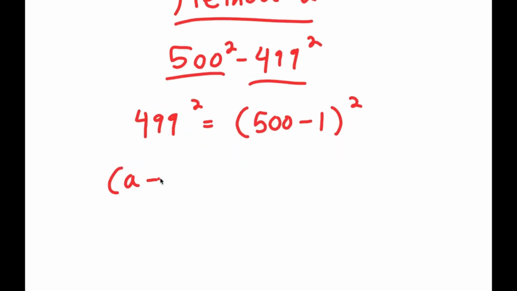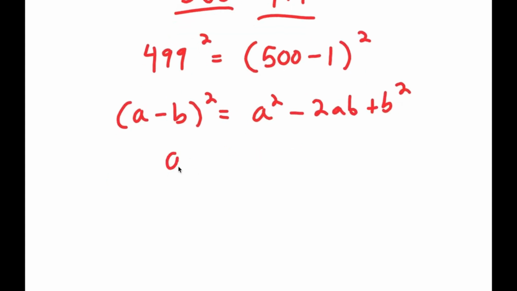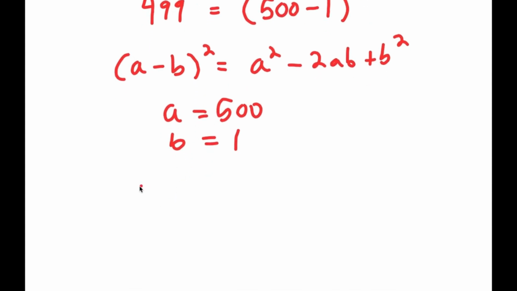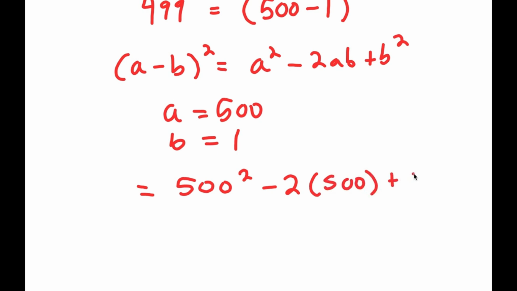And if I have something in the form (a − b) squared, this is equal to a squared minus 2ab plus b squared. So, in this case, a is 500 and b is 1. So this is going to turn into 500 squared minus 2 times 500 times 1 plus 1 squared.